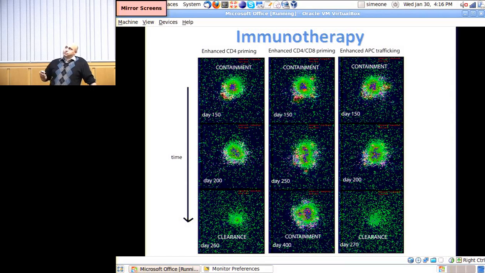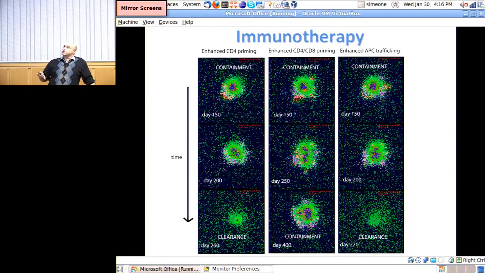The CD4 priming and the antigen-presenting cell trafficking mechanisms are very efficient, and at the end they can resolve the infection, so we can actually dissolve the granuloma. But this one doesn't work. We speculated on why it might not work, but some of the experimental data showed that CD8 effector cytotoxic activity is very important early during infection rather than late.